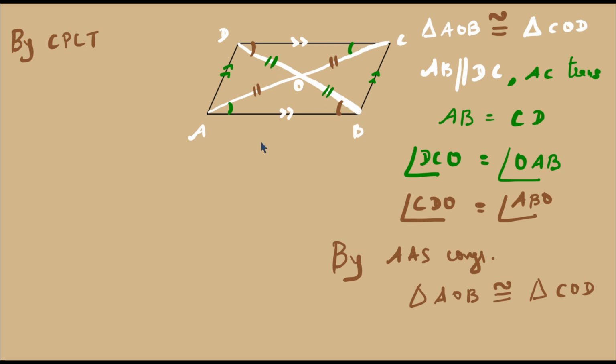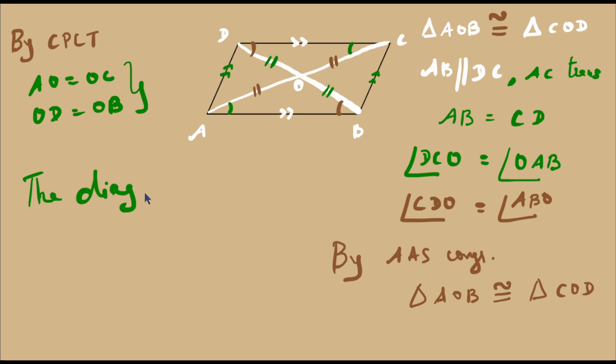So I have AO equal to OC and also OD equal to OB. What does this state? This says the very important property of a parallelogram: the diagonals of any parallelogram bisect each other, dividing each other equally.